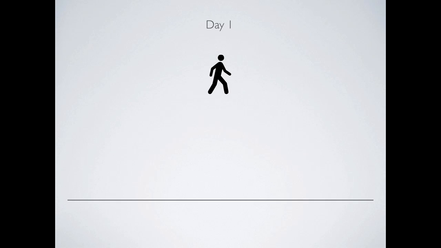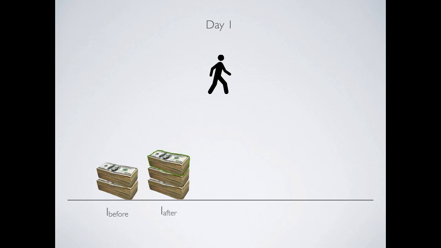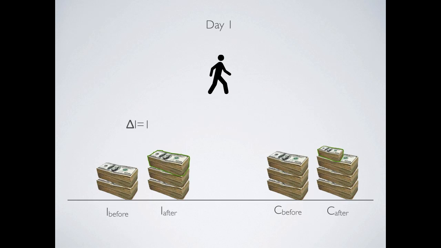So if we look at day 1 for this kind of change, we would observe that on day 1, income changed from 2 piles of cash to 3 piles of cash, which is the same observation as our previous example. The change in income we observed today is still 1 unit. However, the change in consumption will be increasing from 3 piles of cash to only 3 1/3 piles of cash. Therefore, the change in consumption is only 1/3.